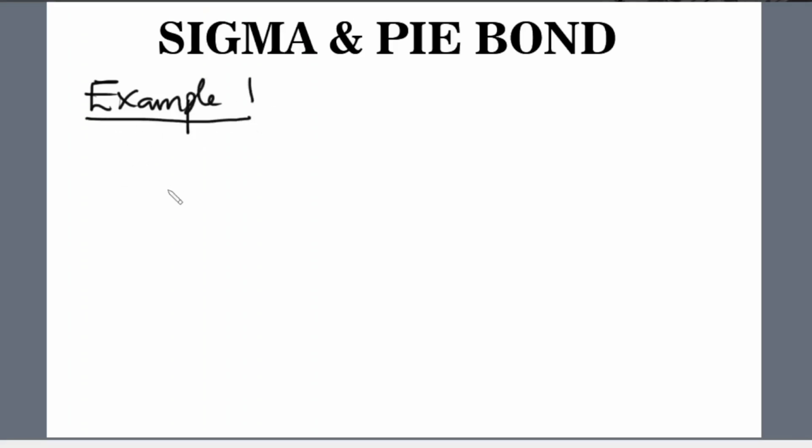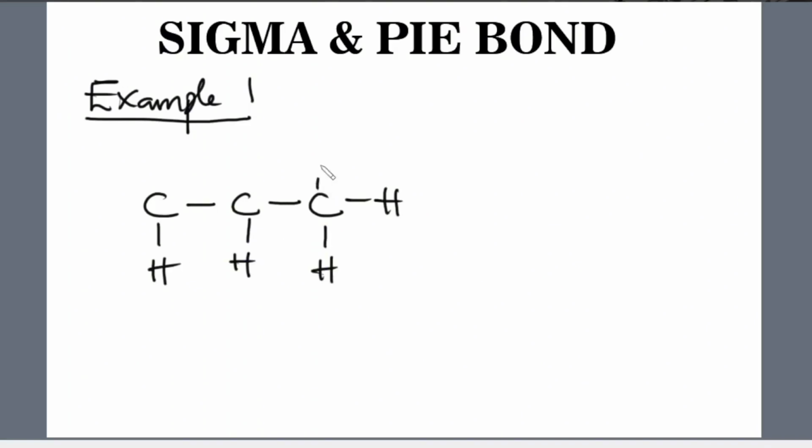Example 1. So assuming we have something like this. Now, we have here 3 carbon atoms in this compound and 8 hydrogen atoms in this compound.